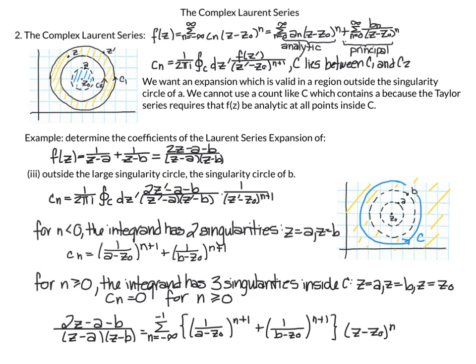So the thing to know is, to determine the coefficients of the Laurent series expansion, you have to divide this into 3 portions, because you're using different curves to do your integral, and the places where you converge to a solution are going to be different depending on which of the 3 cases you're in.